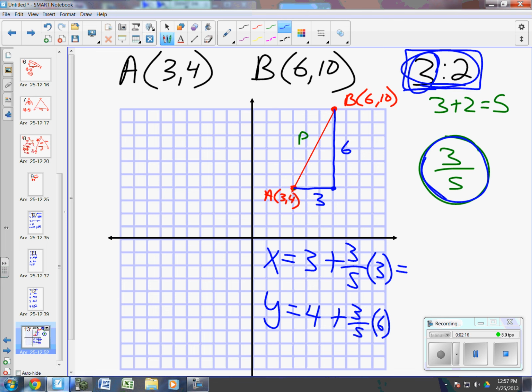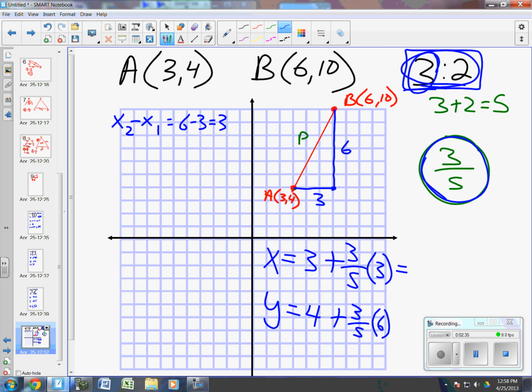Now, I want you guys to see, remember the slope formula we were just looking at a second ago? I want you to think of x2 minus x1. Well, if I did x2 minus x1, x2 is 6, x1 is 3, so 6 minus 3 is 3.